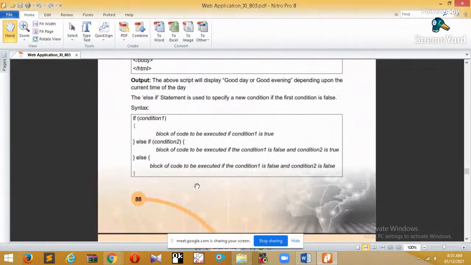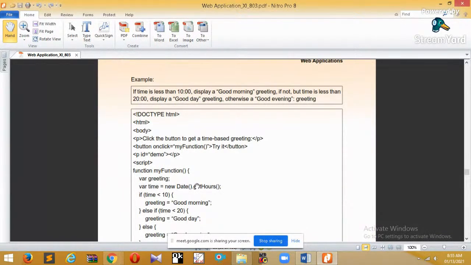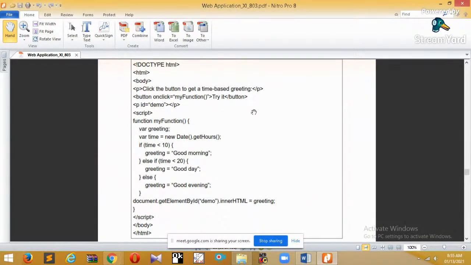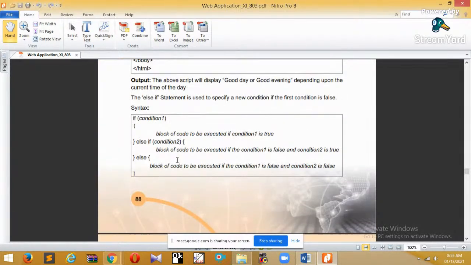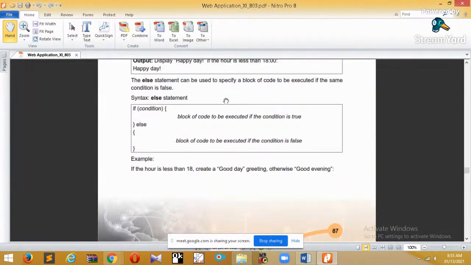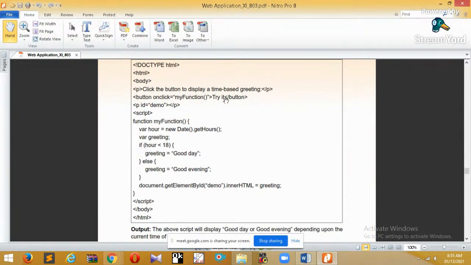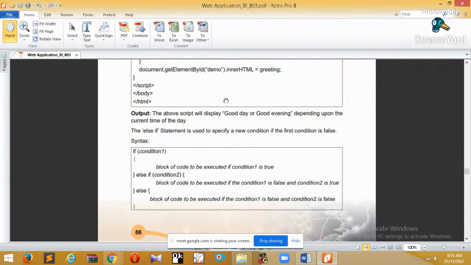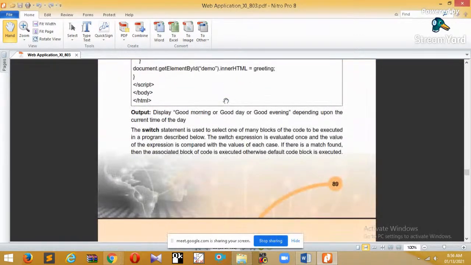So I will go to the HTML code directly at the last when I complete this part. Here is also another example, but this is an example of if else if condition that I am going to discuss now. Up to this page 87, 88, these are examples of if else statement. Now I will go for the if else if statement.